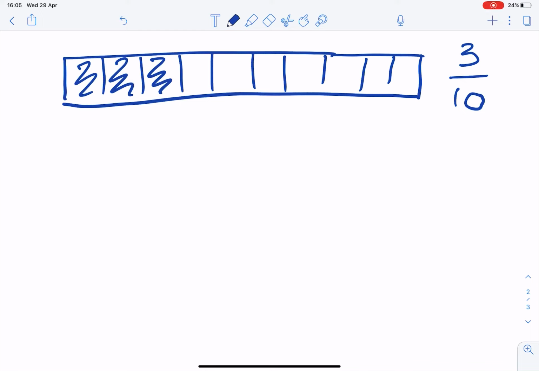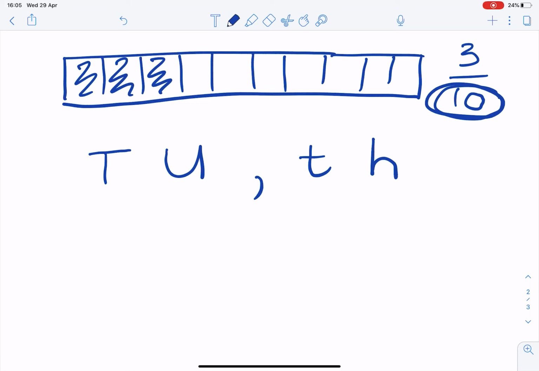If I were to write that as a decimal, this number here tells me which column it must go into. It must go into the tenths column. So I will put that 3 in the tenths column, and I will fill in the other spaces with a 0.